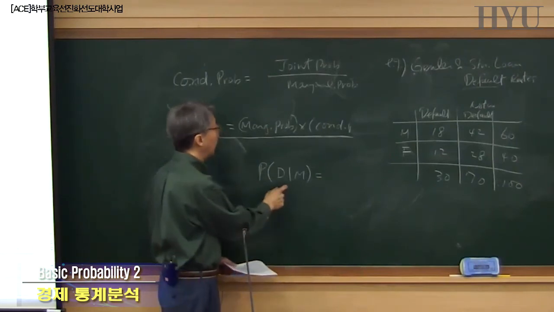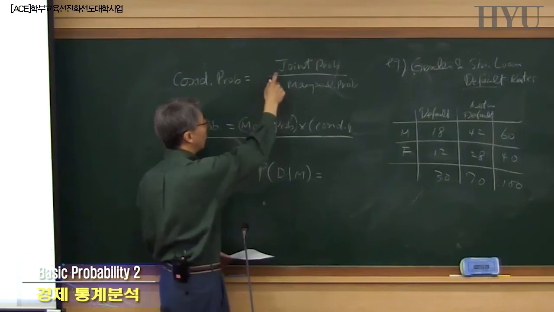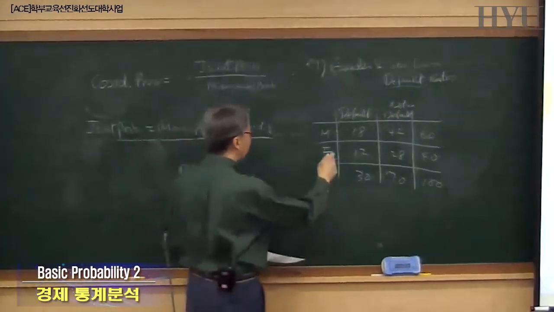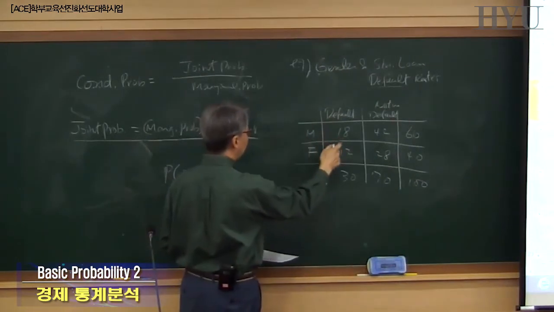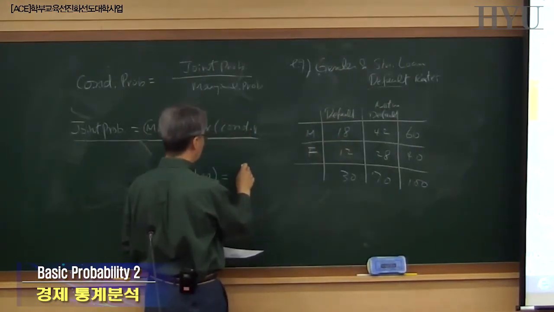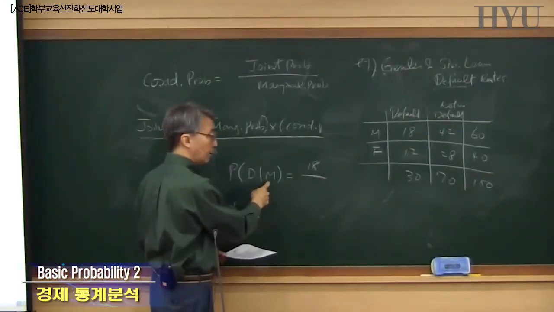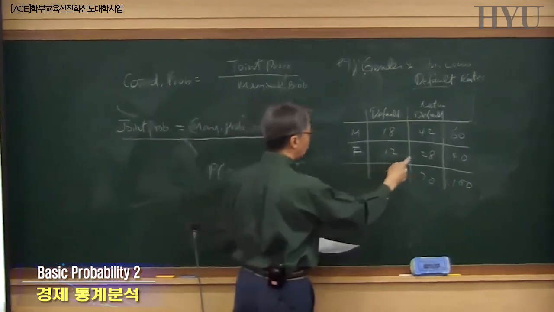Conditional probability is joint probability divided by marginal probability, right? So the joint probability between male and default is here, 18. So 18 out of, the condition male, is 60.